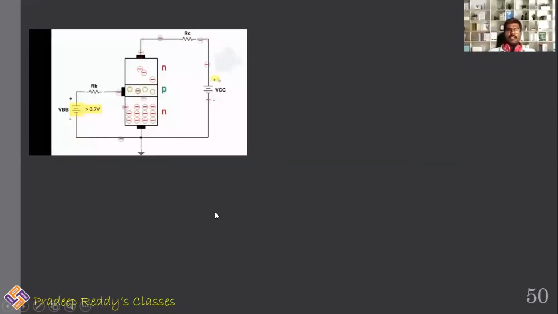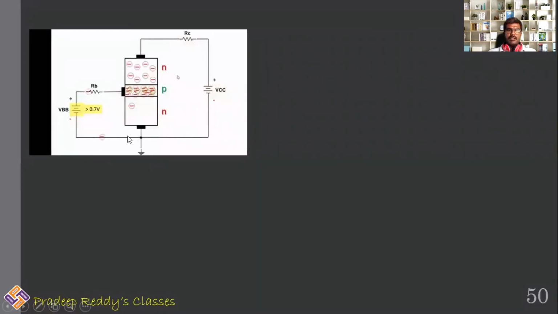Students, now let us see how current flows through a junction transistor. See, there is an NPN transistor provided in the animation, and there are two junctions. The first PN junction is connected in forward bias, the second junction is connected in reverse bias, and remember, here the emitter is common for both base and collector.